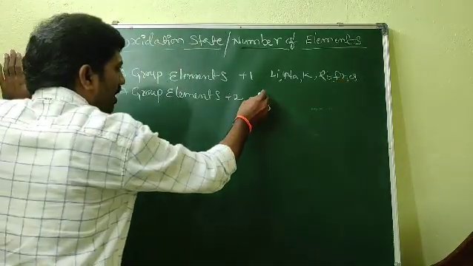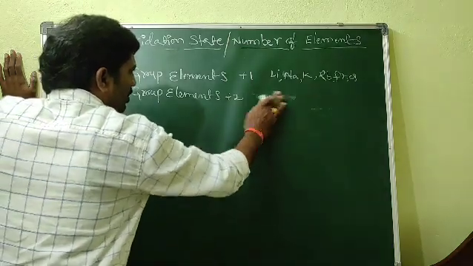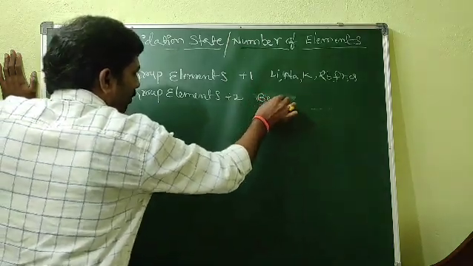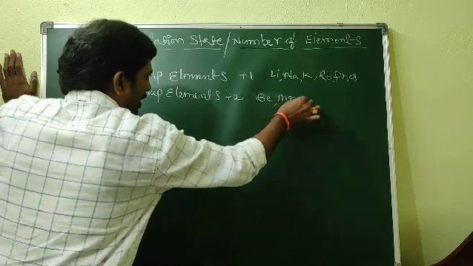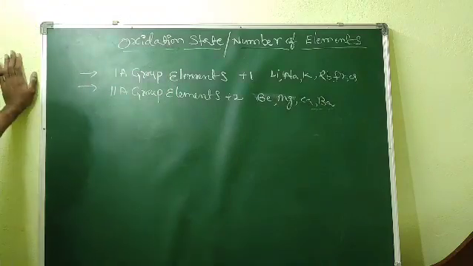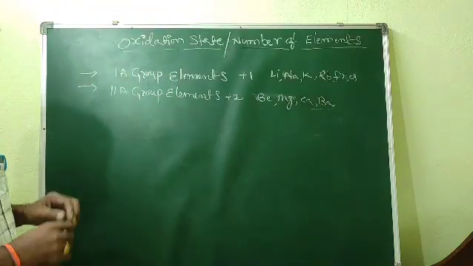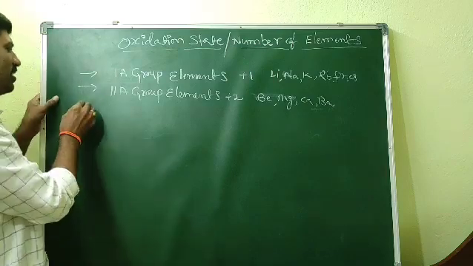Second group elements are calcium, magnesium, so beryllium, magnesium, calcium, barium, like these elements are second group elements. Their maximum oxidation state is plus 2 only.